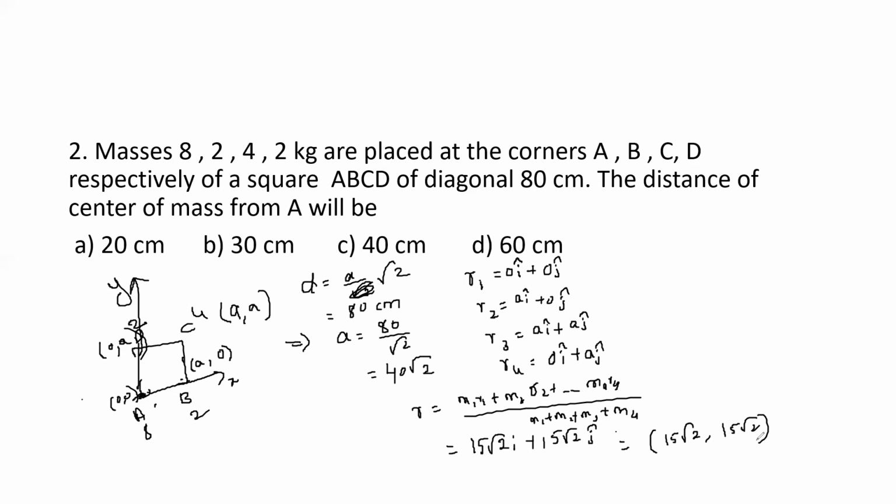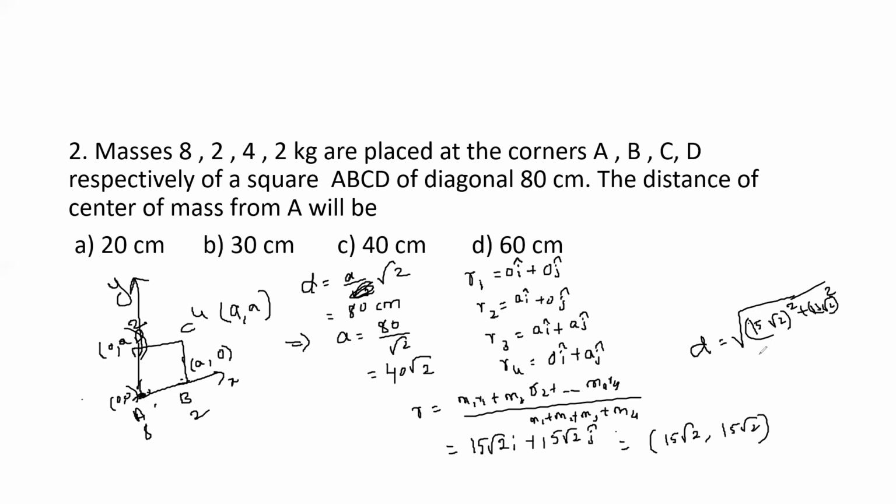Therefore, we can calculate the distance of the center of mass from A. We can use the x square plus y square formula, that is, 15 root 2 whole square plus 15 root 2 whole square.